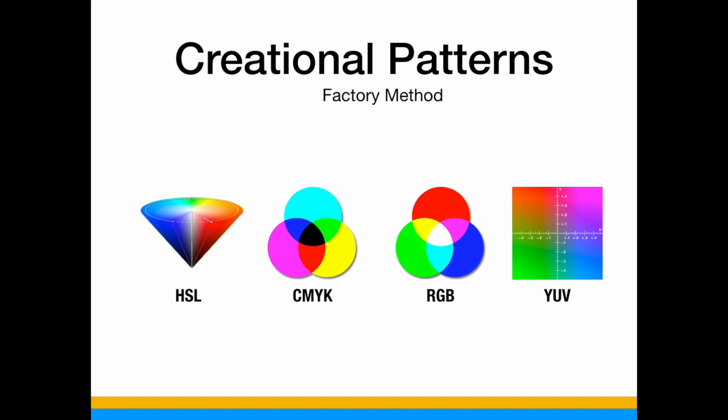Why would it be important in this case? For example, if we wanted to create them via a constructor and we received three integers with values from 0 to 255, which is usually how RGB 8 bits is defined, and the same thing for HSL in 8 bits.